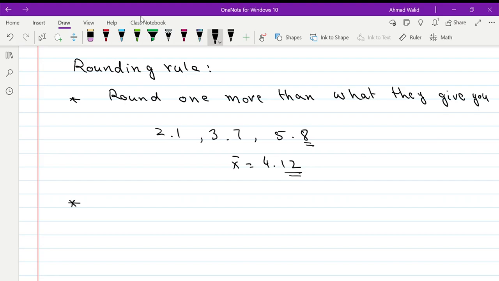Rule number 2, it's really important: you can't round until the very last step.